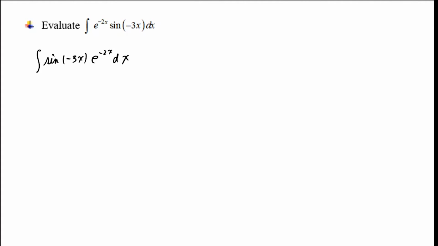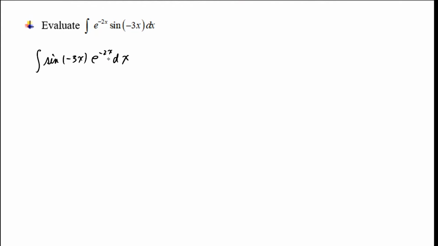Because one does not necessarily get prettier, so it's about the same thing. So my question to you is, which way is easier? Is it easier to differentiate sine of negative 3x or anti-differentiate sine of 3x? There's a minus sign. You know what I'm saying with that? That's a headache, isn't it? So there's more potential for mistakes that way.